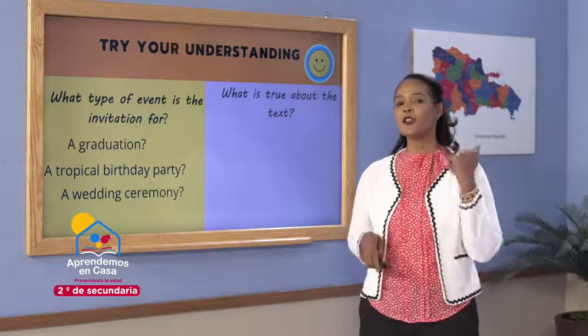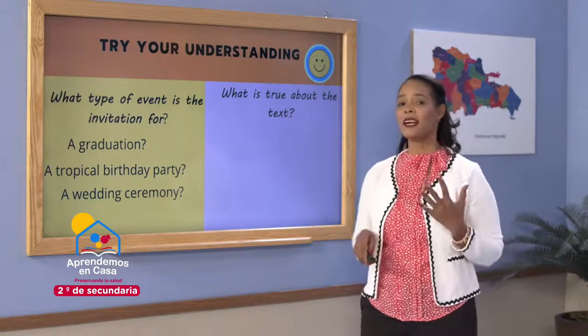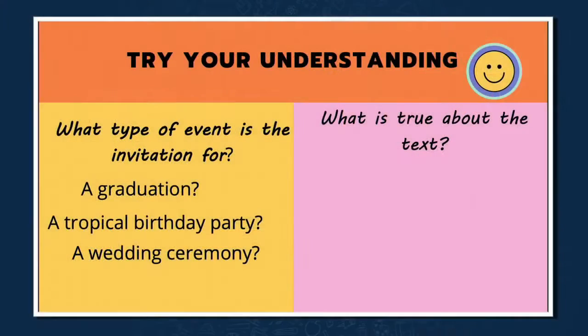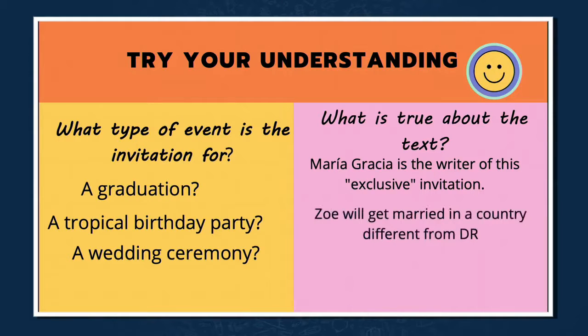Now, I want you to think about the statements that I'm going to present you. Quiero que veas las declaraciones que te voy a presentar. Which ones are true? ¿Cuáles son ciertas? Number 1. Maria Gracia is the writer of this exclusive invitation. Is that true? No, it isn't. What about the number 2?